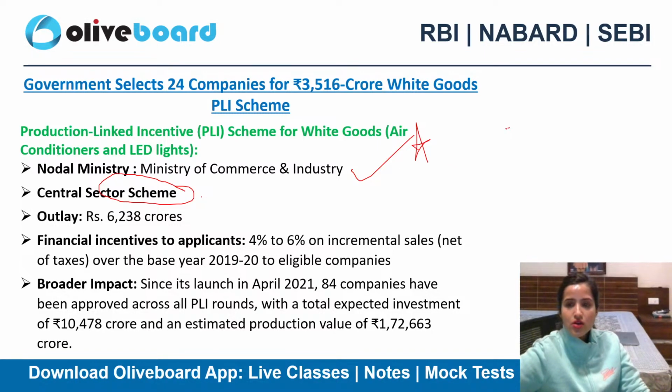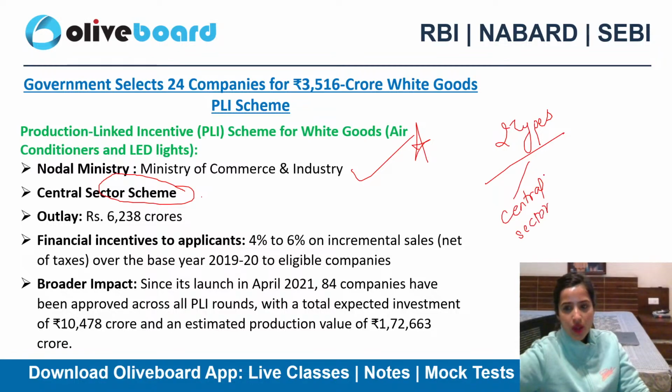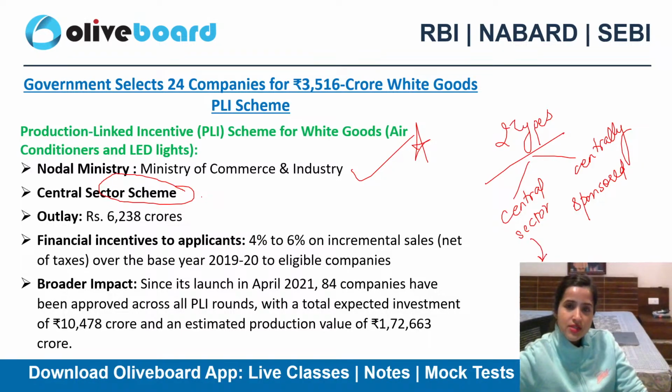Now, there are two types of schemes. One is your central sector scheme, and the other is your centrally sponsored scheme. In case of central sector scheme, the central government provides the entire fund, right?